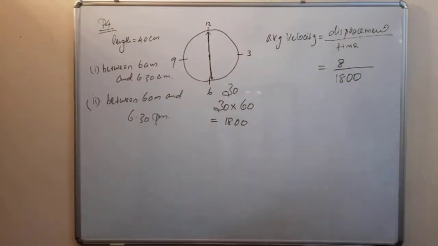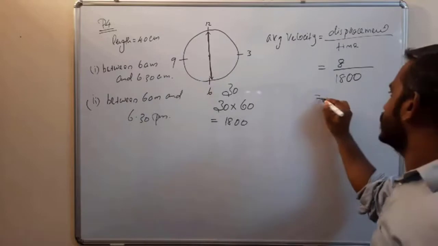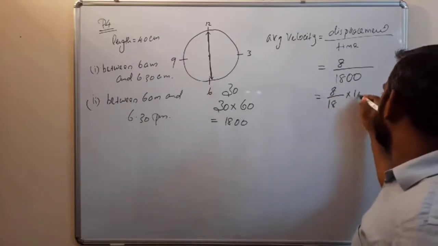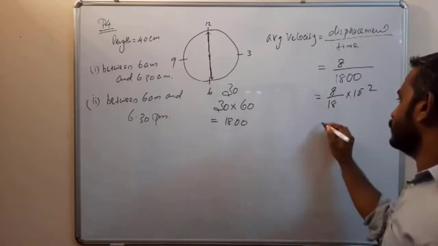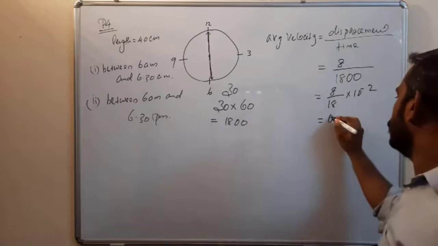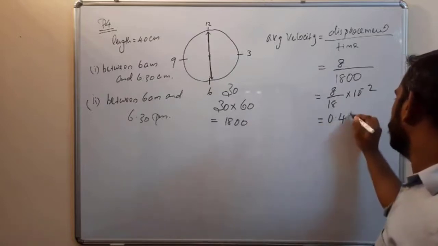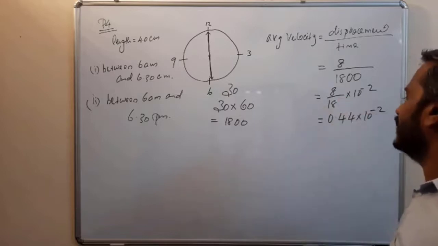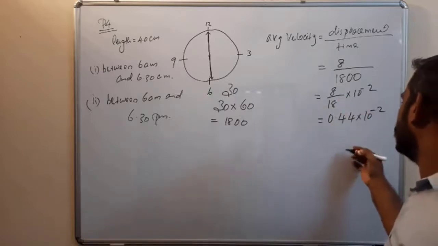Clear? So that's equal to 8 divided by 18 into 10 to the power 2, that is 0.44 into 10 to the power minus 2.